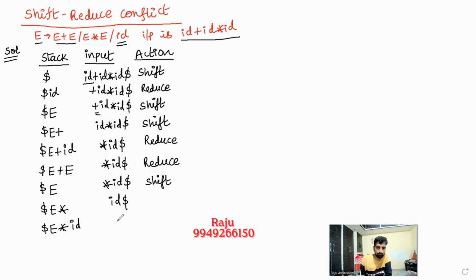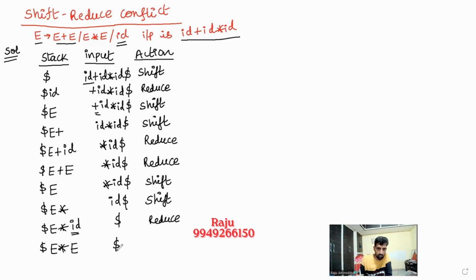This is ID dollar shift. Now this ID value is replaced with capital E, so we have a replacement. This is called a reduce move.